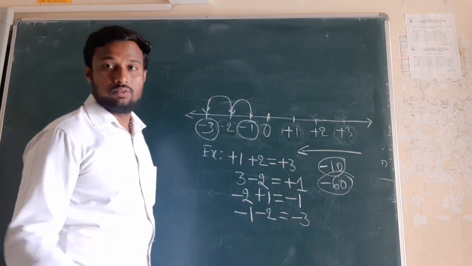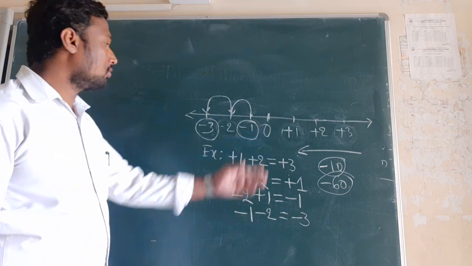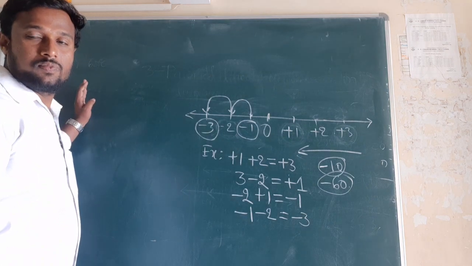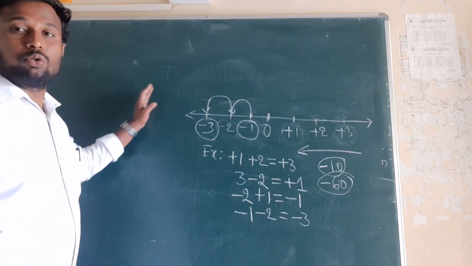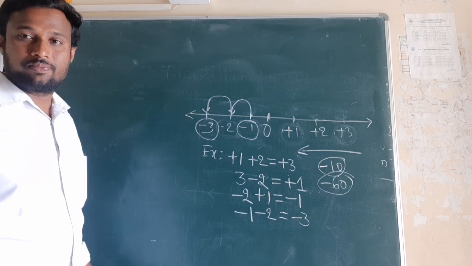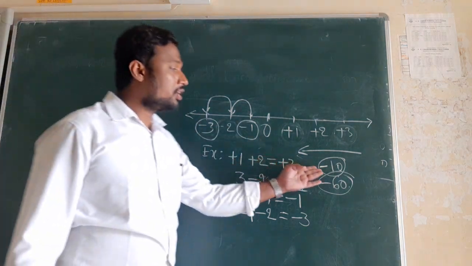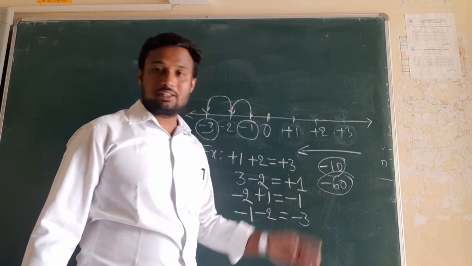What will you do? You have to start writing numbers from -1 to -60. You can't write up to -60 in one page.